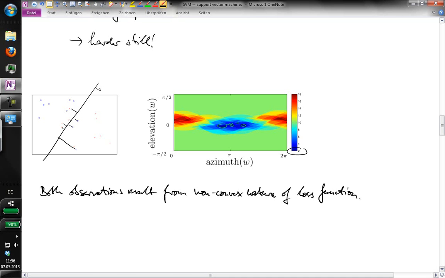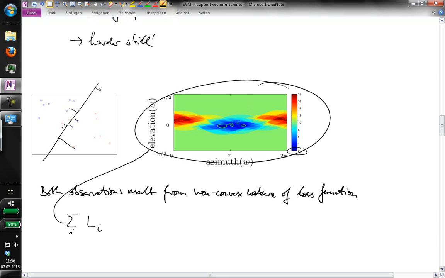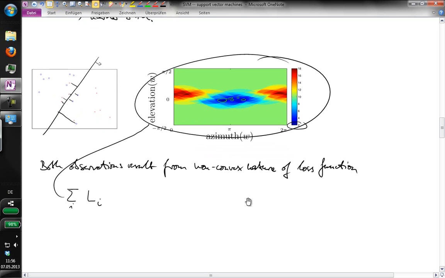If you again look at the total error, this is the summation over all samples of the contributions to the loss from a single sample. And so the entire error surface that I've been plotting here is given by this summation. And if a single one of these loss functions is not convex, then the entire error surface is not going to be convex. And why do I go on about convexity so much?